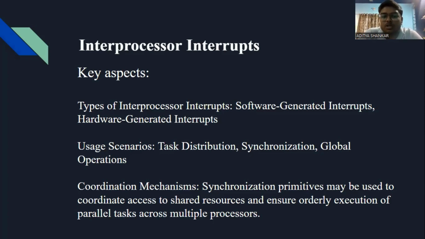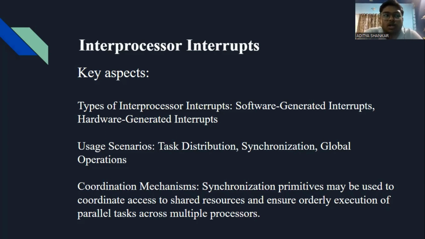Usage scenario. In these cases, interrupts are needed. Task distribution is an important case that is handled by interprocessor interrupts. Also, synchronization of events and resources between the different processors of the multiprocessor system, and global operations.